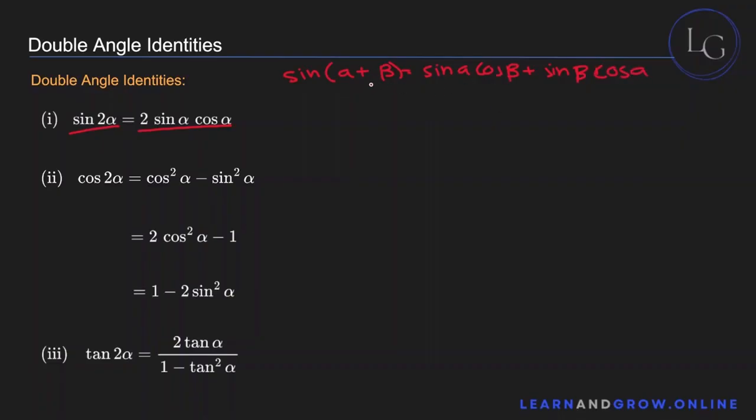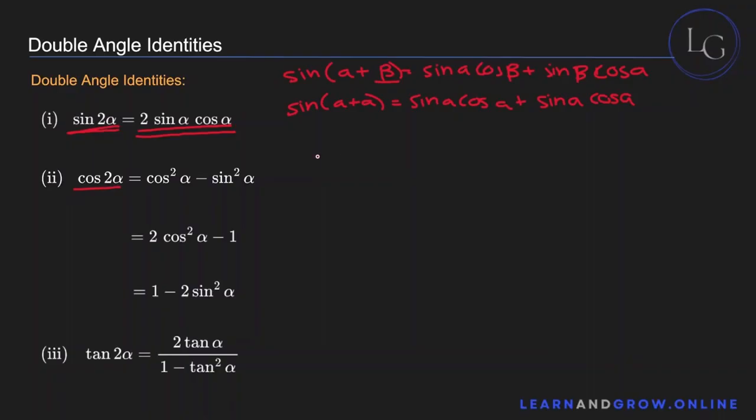Okay, now if you replace this beta with another alpha, it becomes sine alpha plus alpha, and that becomes sine alpha cos alpha plus sine alpha cos alpha, which is equal to 2 sine alpha cos alpha, and hence you have the proof for this sine 2 alpha. Okay, and you can do the same for this cos 2 alpha as well, right?